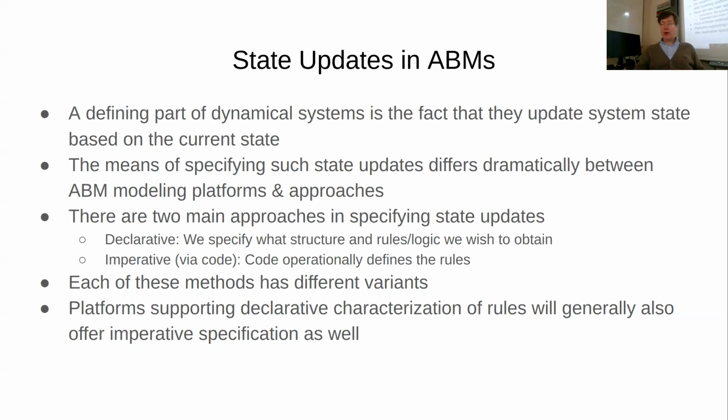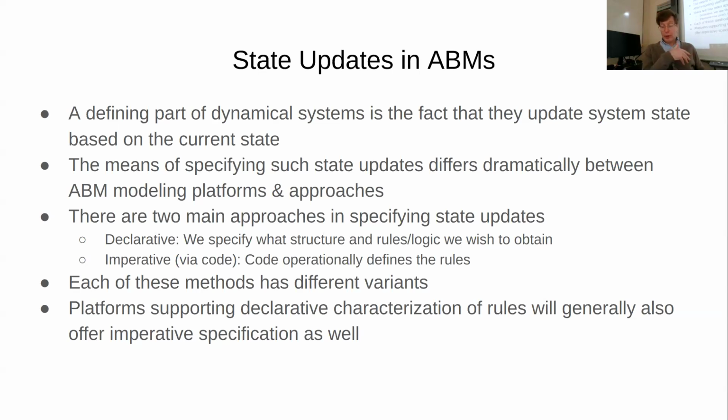And the system takes care of interpreting those, making them apply, realizing them. Or imperative translations, where code is specified to specify the rules. Or you don't specify it mathematically, but only implicitly in terms of code. The mathematics are implicit in the code. And there's different variants of those that we'll be looking at in future lectures.